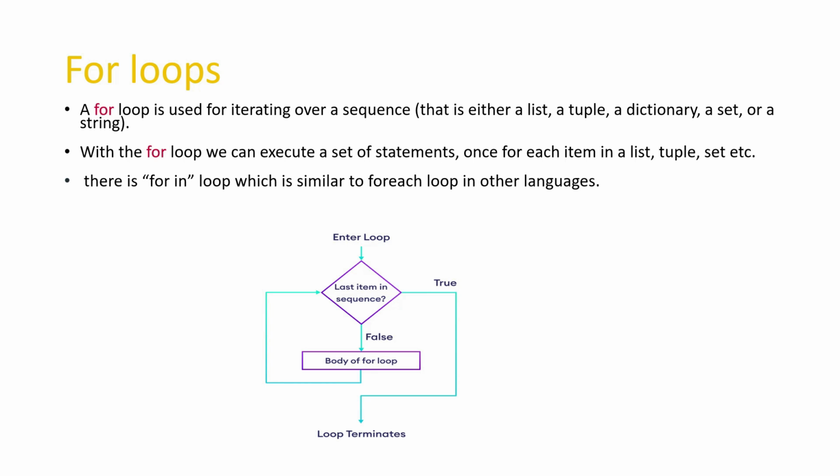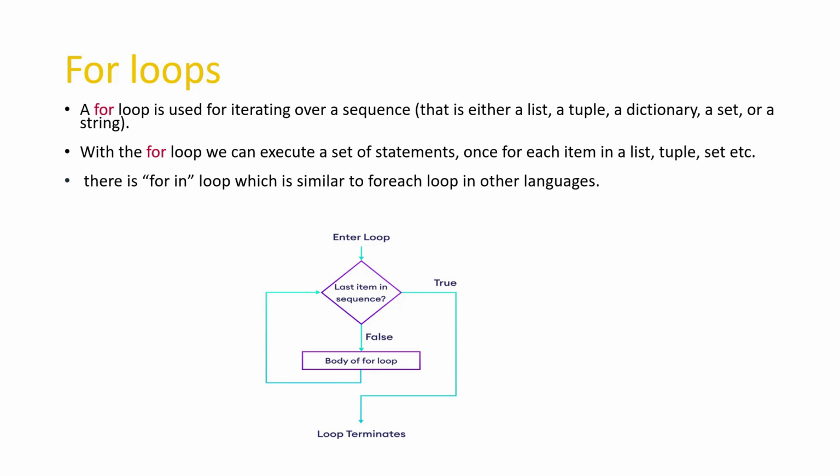When is it true? Whether it is a list, string, or some other sequence, when it reaches the end of the sequence. A string may be a set of characters. For the first character, it will enter the first loop. For the second character, it will enter the second loop.